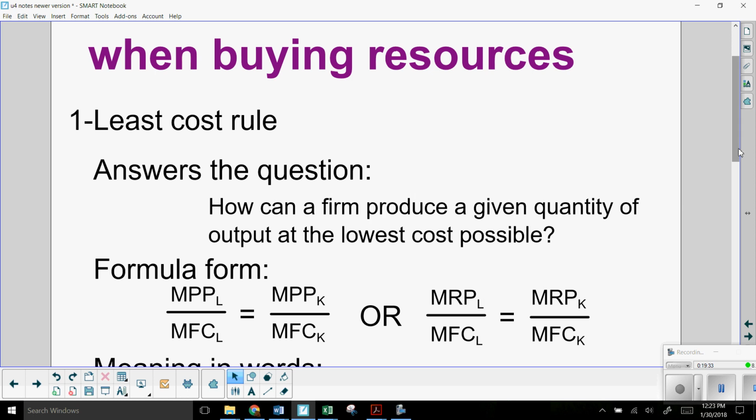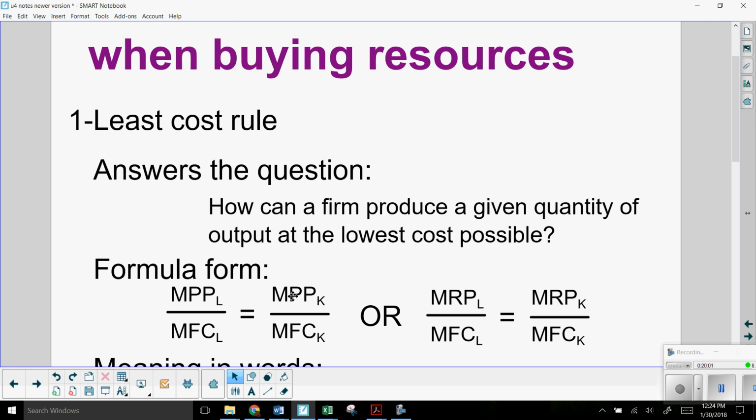What I want to know is what's the cheapest way for me to make those 37 pizzas? Well, I would set the marginal benefit over the marginal cost for each of those things I buy. And this is a bit like saying what's the marginal utility of buying 1 more worker? How many more pizzas will I get if I buy that 1 more worker divided by the change in cost when I buy one more worker.